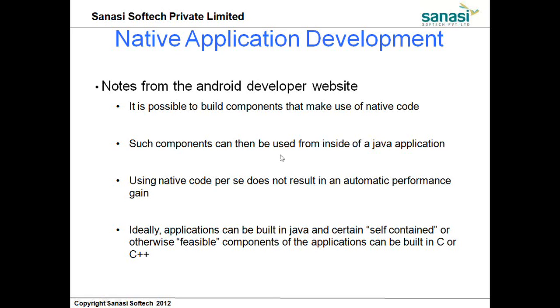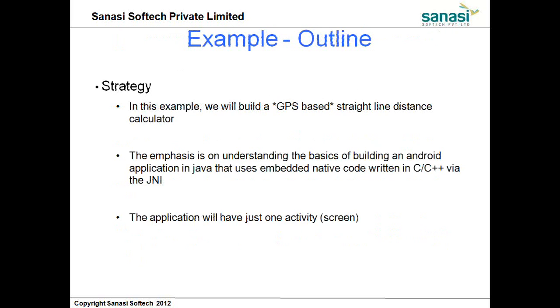All right. Okay. So let's now move on to this particular example. Ideally this can become an application which you can tie in with a GPS, but due to lack of time we have not been able to do that. But anyway, let's have a look at the application itself. The application is going to be pretty simple. We have a two-dimensional coordinate system, and we have two random points inside the coordinate system.